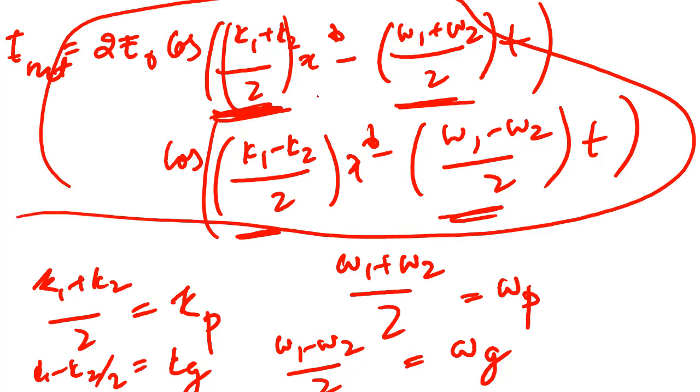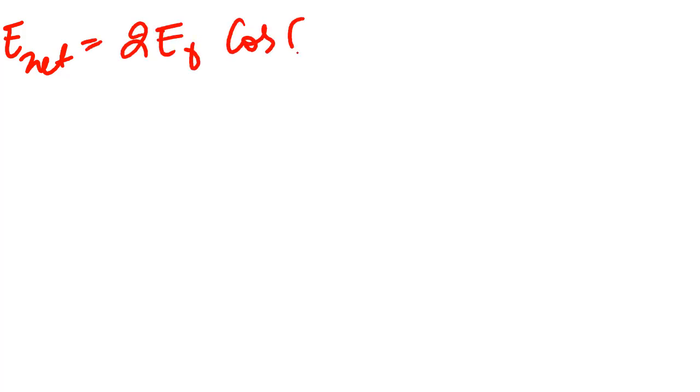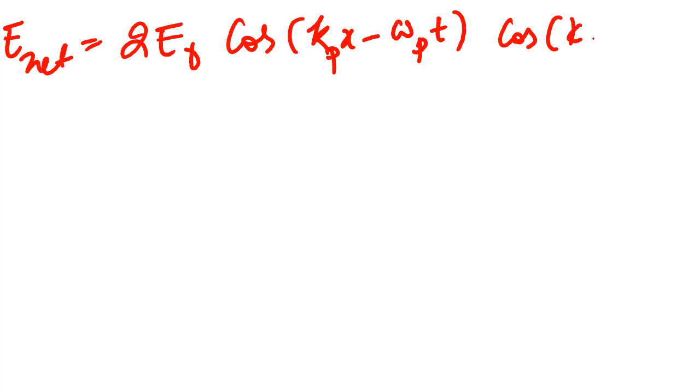Instead of (k1 plus k2)/2, I would just write kp. And instead of (k1 minus k2)/2, I could write just kg, because that's how we're defining them to be. Then I could write the net electric field as simply 2 E naught cosine(kp x minus omega p t) times cosine(kg x minus omega g t).